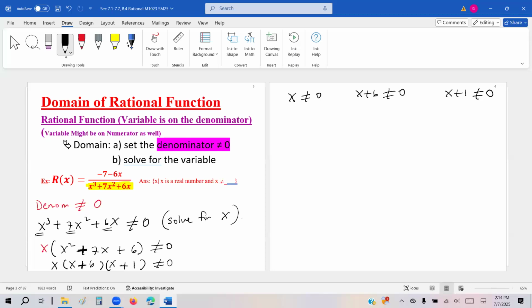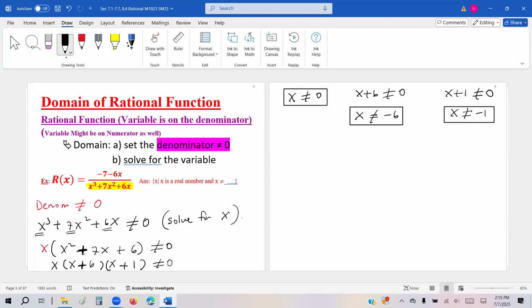But when the product is 0, it is the denominator, and the denominator cannot be 0. And then you solve for x. Fortunately, this is already solved. It has nothing to solve for. From here, what do you get? X cannot be which number? -6. And from here, x cannot be which number? -1.